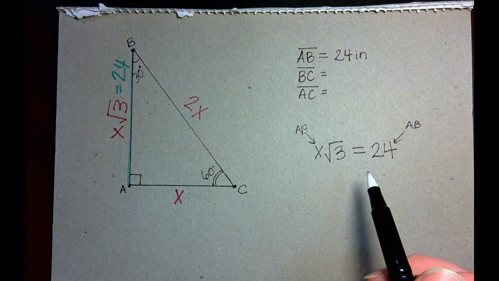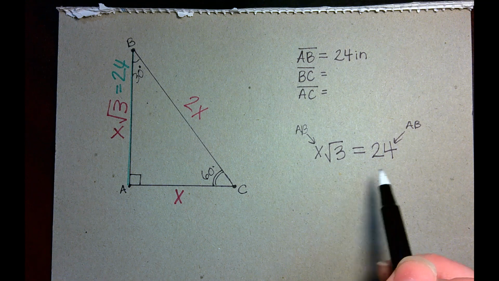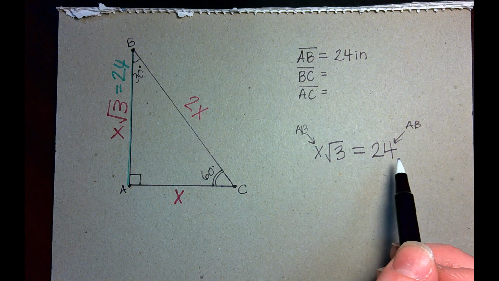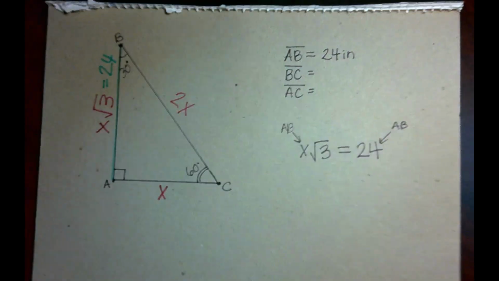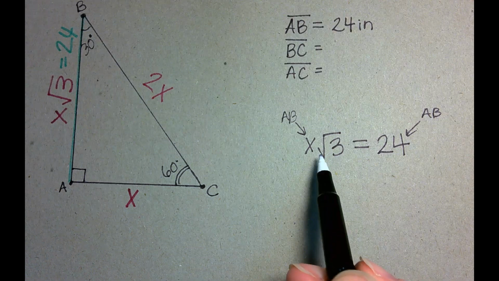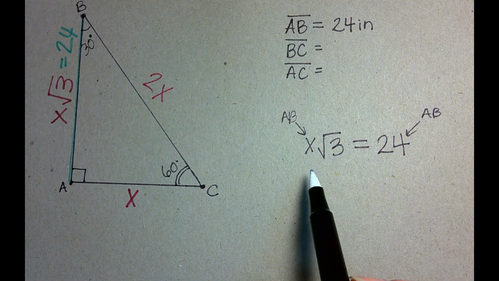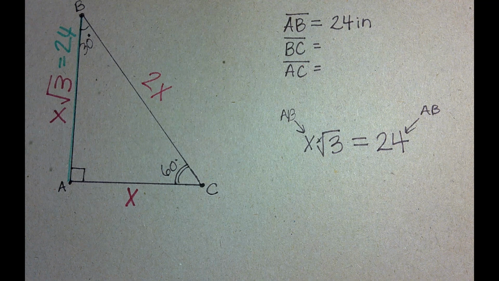How can I solve for x? Do you divide or multiply by 3 on each side? Divide, because it's the opposite. Okay, so divide by 3 on each side. Not just by 3, divided by the square root of 3.